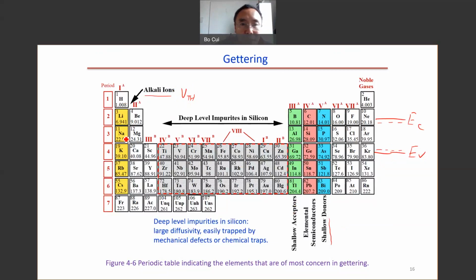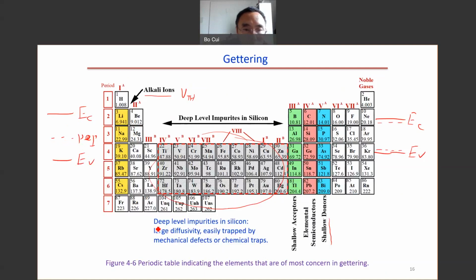This is very bad. So those impurities here are called deep level impurities. They are also very bad. Deep level means like this: this is the conduction band, this is the valence band, and the level is deep inside, far away from the conduction band and far away from the valence band.